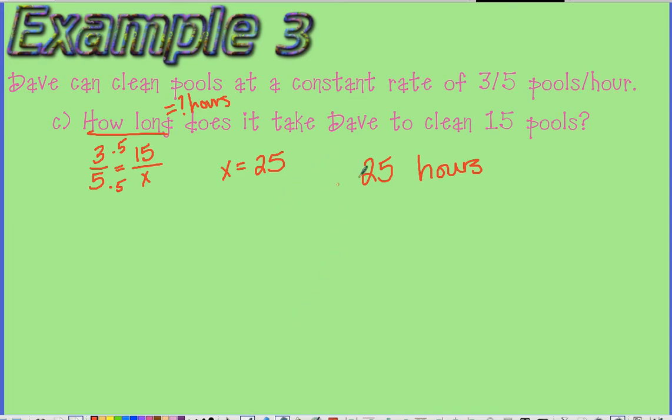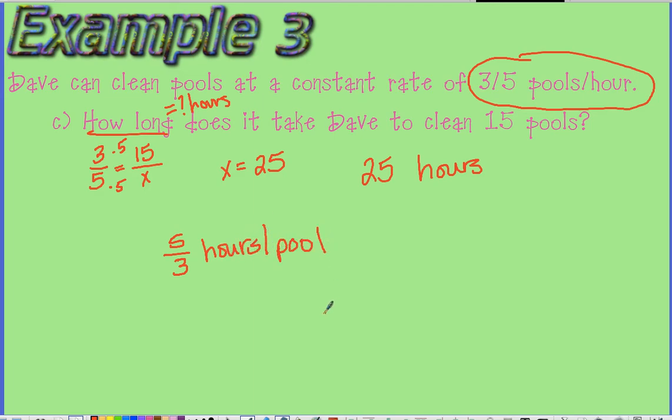So what you can do is say, okay, I'm going to take this rate and change it. I'm going to say that he cleans 5/3 hours per pool. Okay, so 5/3 hours per pool. Because now pools is listed on bottom, so I can flip that and say 5/3 times 15.